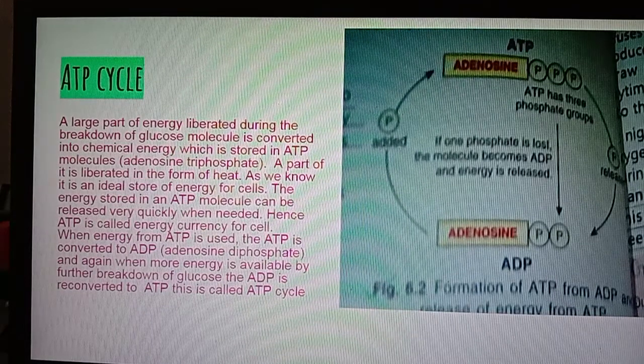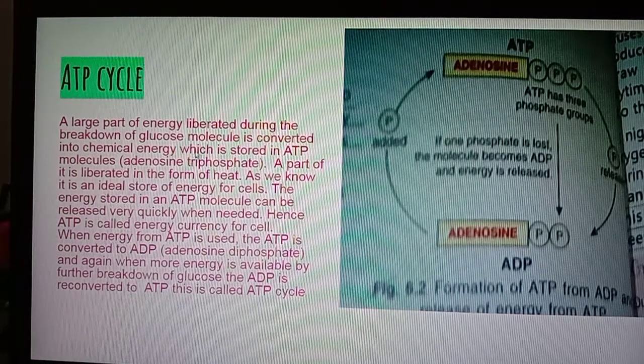Then ATP cycle. This is one of the most important topics which we need to understand. First of all, what is ATP? ATP is nothing but we know it as the energy currency of the cell. Now, why is it the energy currency of the cell? Let's see.